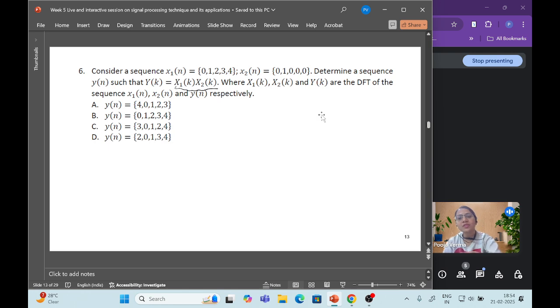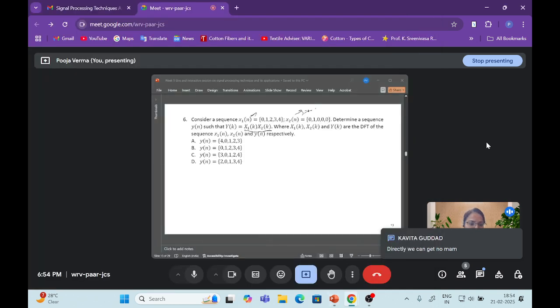So first you have to calculate X1(k) from x1(n), then X2(k) from x2(n), then multiply in the frequency domain, and then convert back into the time domain. So how can you solve this type of problem?